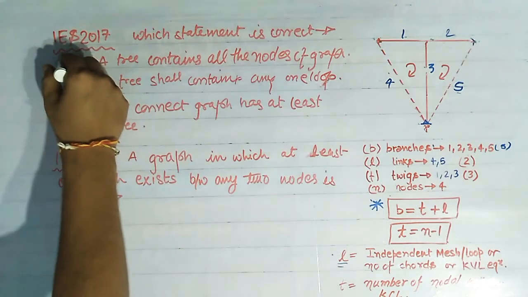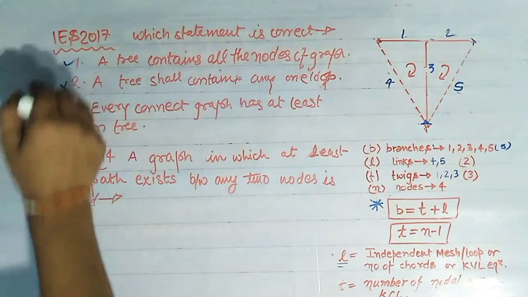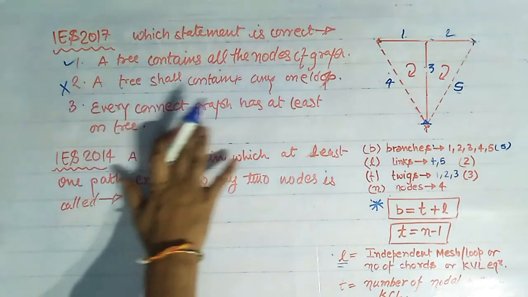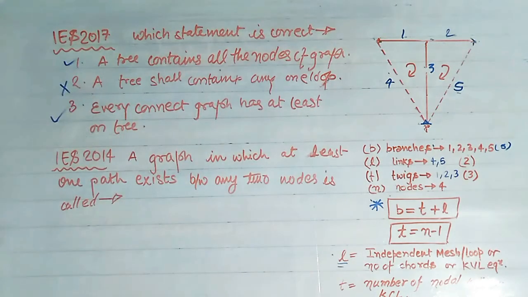So the first is correct. A tree shall contain any one loop? No. A tree should not contain any closed loop. So this is wrong. And every connected graph has at least one tree. This is also correct. So here 1 and 3 are correct, the second is not correct.